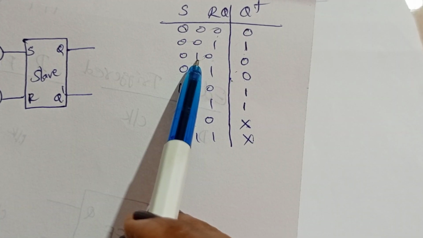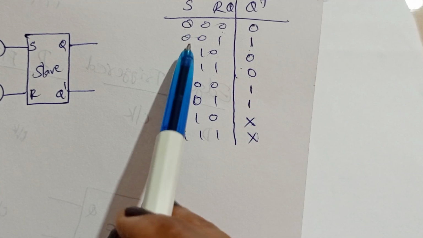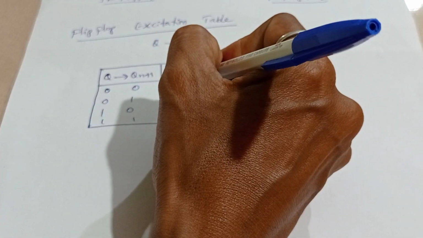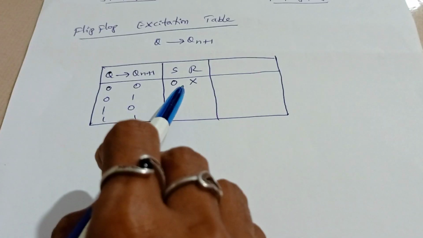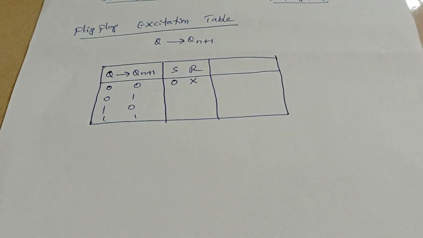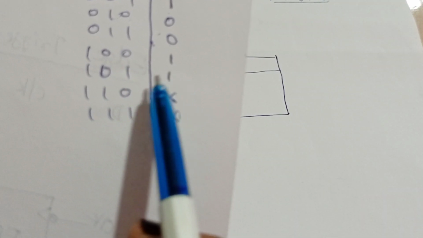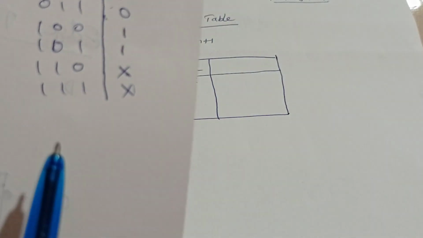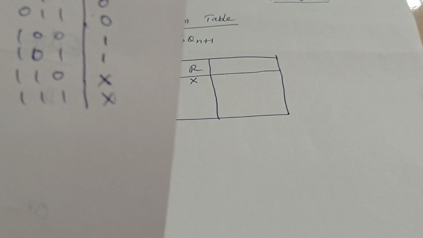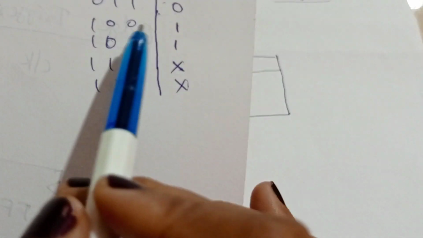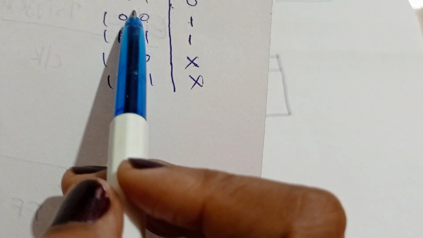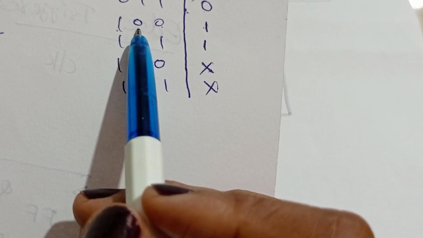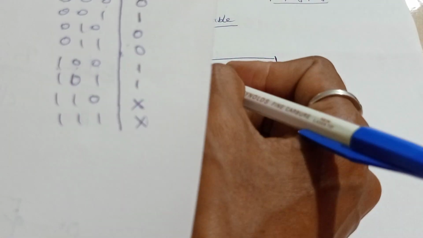That means here use don't care for R and in place of S, place 0. Place 0 and don't care for R. Same as next 0, 1, that is present state 0, next state 1, and for this S1 and R is 0. That is S1 R0.